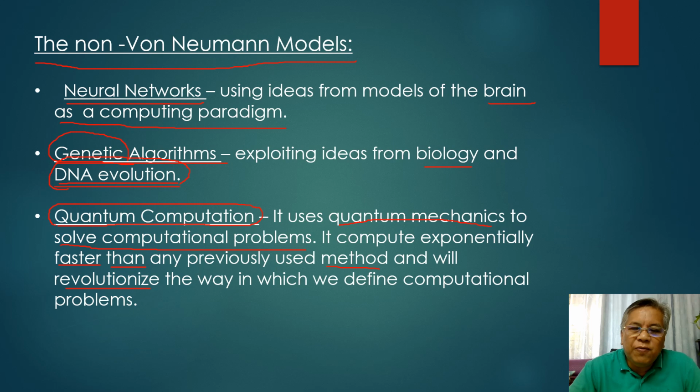So, very fast if you use quantum computation. It uses 1 and 0 at the same time, no? That is why there are still cases wherein it provides an error message when using quantum computation.